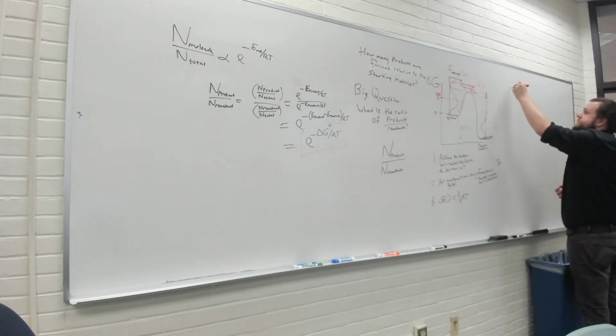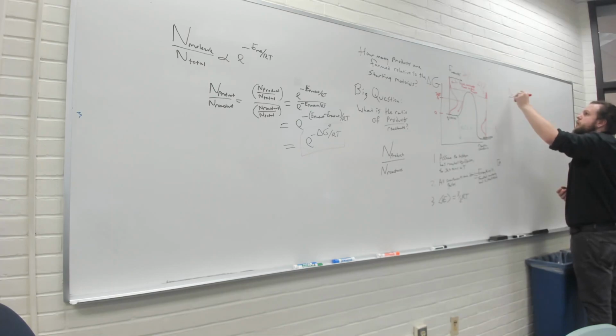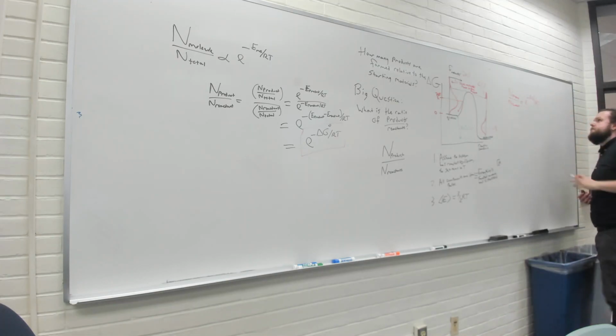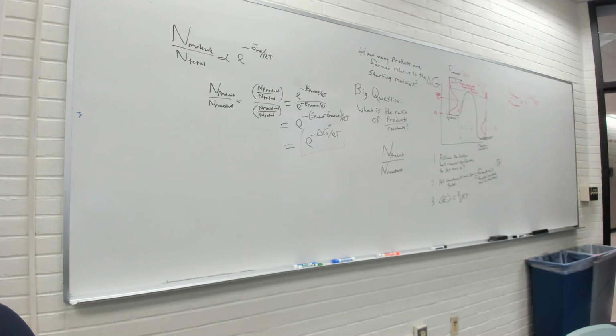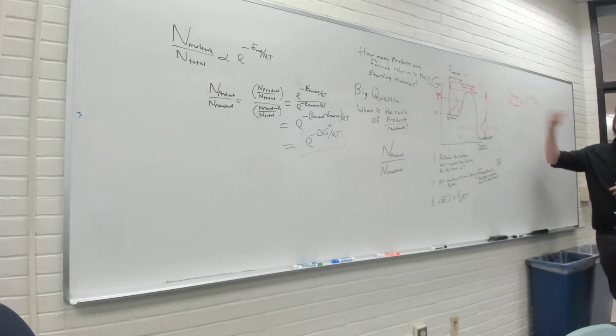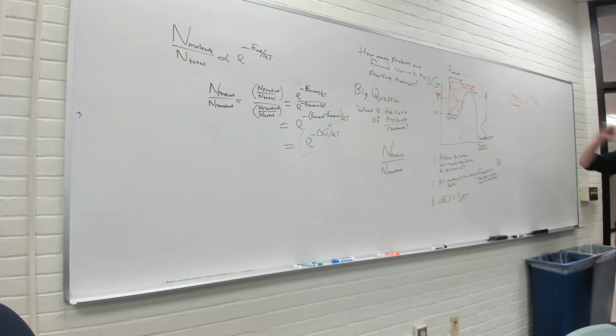So what that says is that the number of product molecules over the number of reactant molecules is equal to e to the minus delta G over RT. Now, it's kind of hard to measure the number of molecules, so instead we should convert it to something more reasonable.